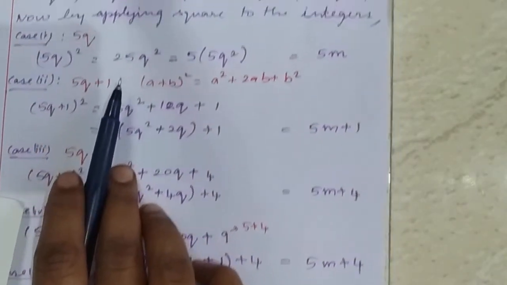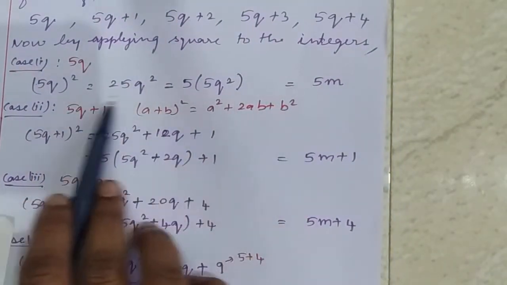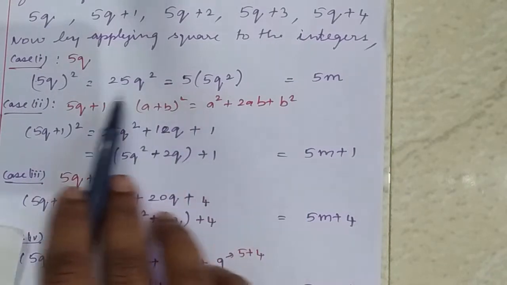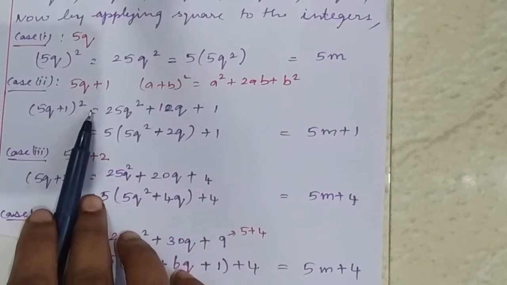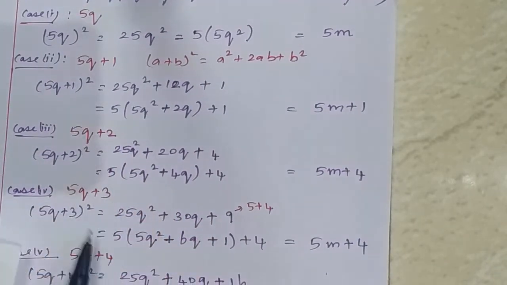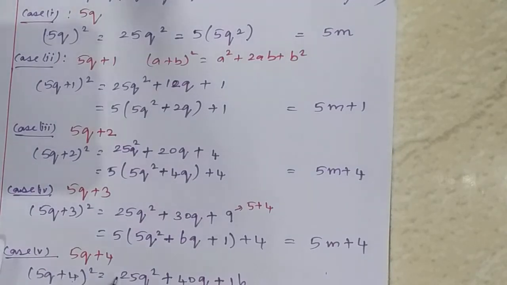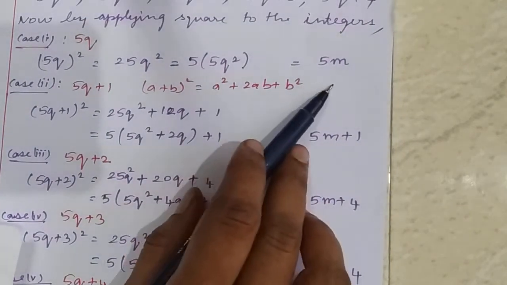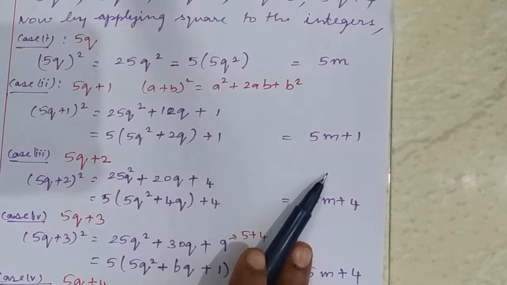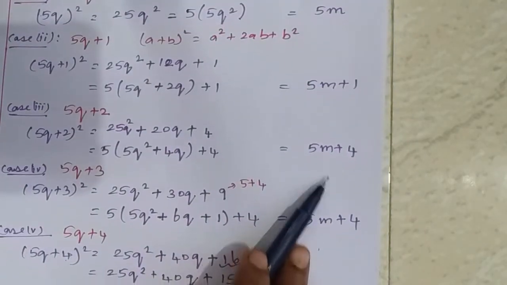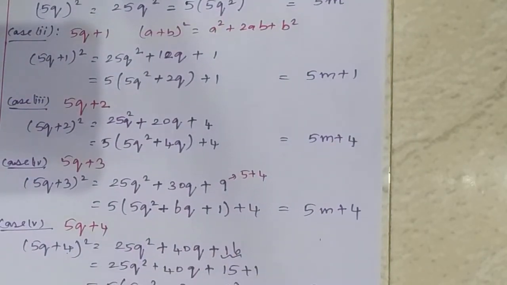Now we have applied the squares to all the possible integers: 5q, 5q plus 1, 5q plus 2, 5q plus 3 and also 5q plus 4. The values are of the form 5m, 5m plus 1, 5m plus 4, 5m plus 4 and also 5m plus 1.